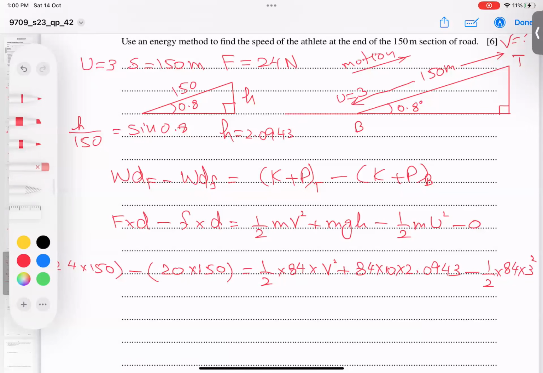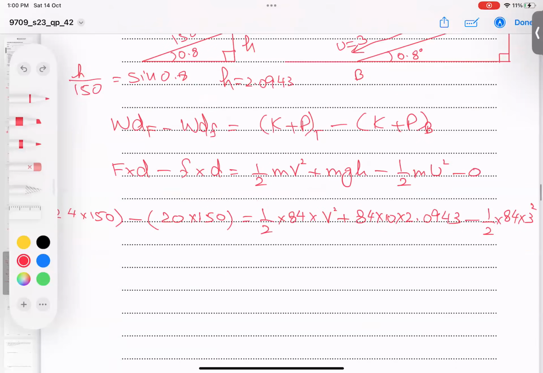Hold on, it's a negative sign, not a positive, because you can see the negative sign here. Now it's just a matter of typing in the calculator, one by one.